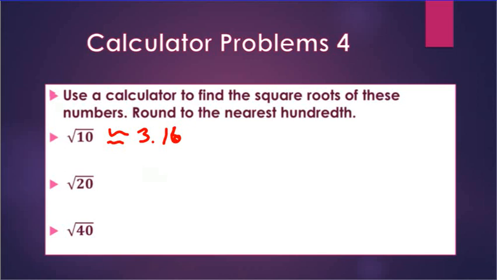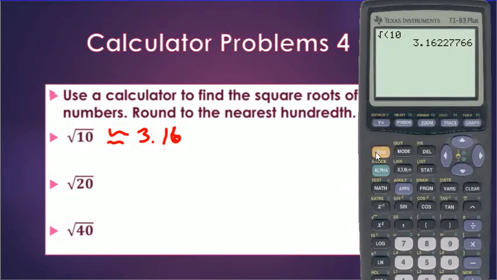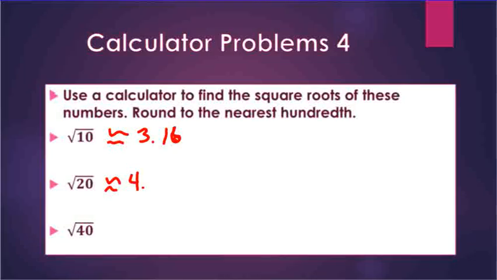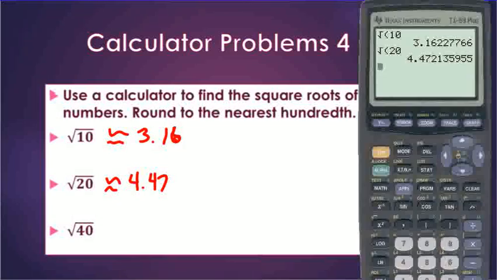Now if we go back to our calculator, do the square root of 20. Second square root of 20, we get about 4.47. And then the last one, we have the square root of 40.